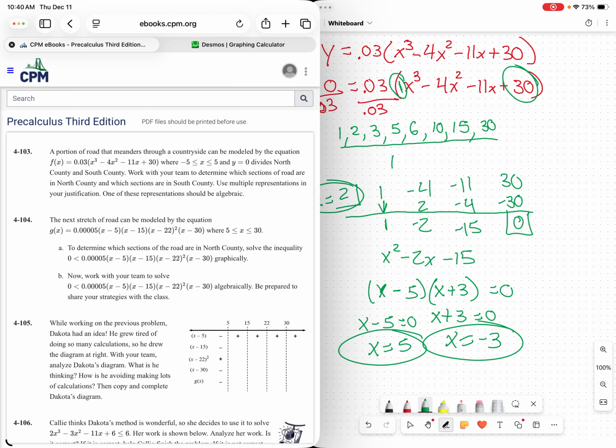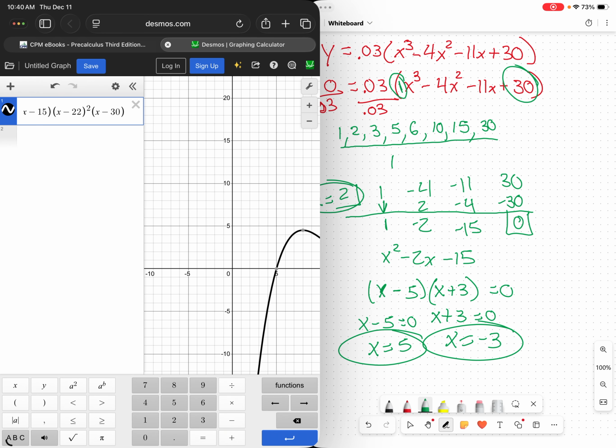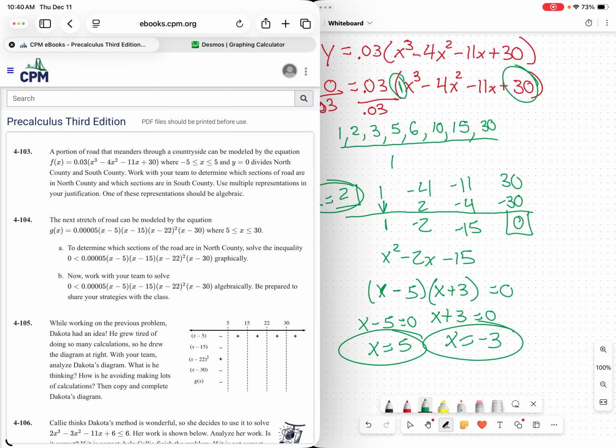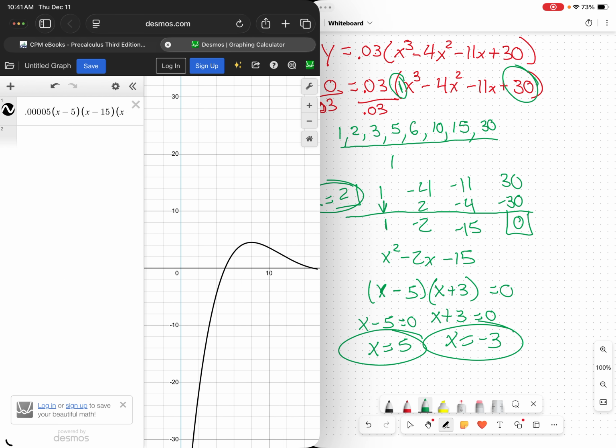Is that right? Yep. And so they want to know where this is greater than 0.